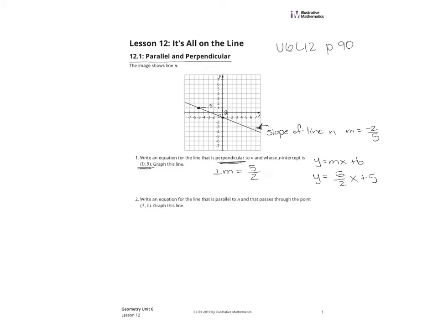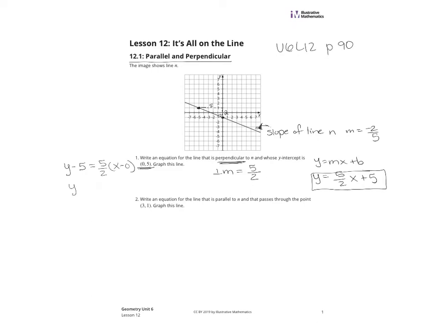Now, if you were thinking of using the point-slope form, I'd get the same equation, but I'd have to do a tiny bit of algebra. Off to the side, remember our point-slope form would have been y minus my y coordinate of 5 equals my slope 5/2 times x minus my x coordinate of 0.